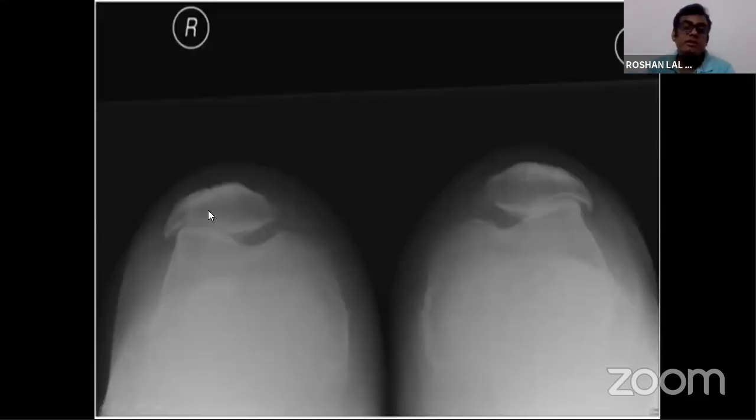This is the lateral maltracking of the patella, and in many patients, the patella is shifted laterally because the lateral part of the patella is connected with the lateral retinaculum, and the lateral retinaculum connects with the tensor fascia lata, or TFL.